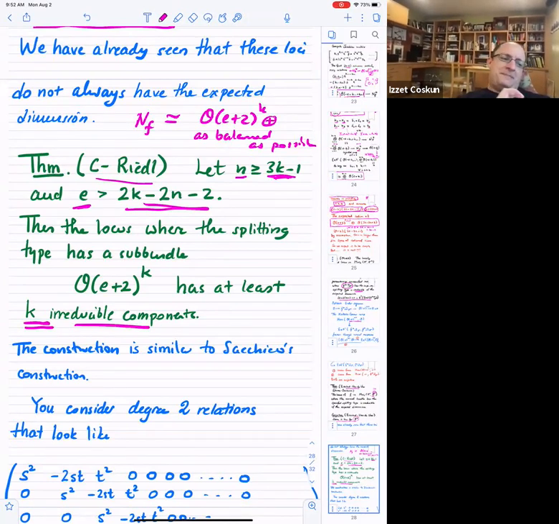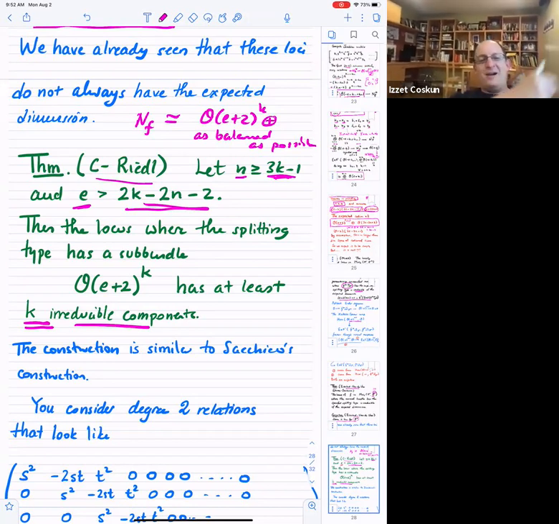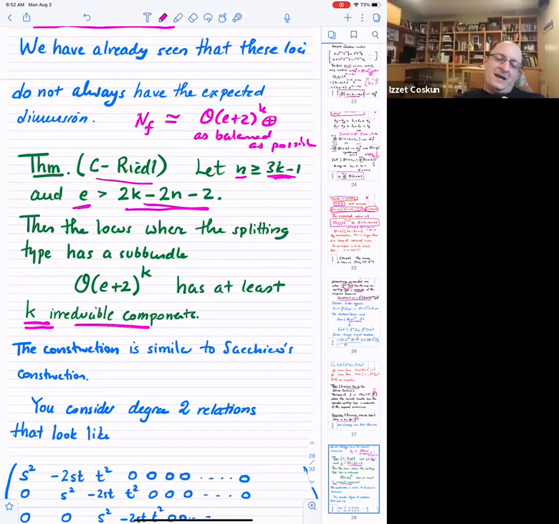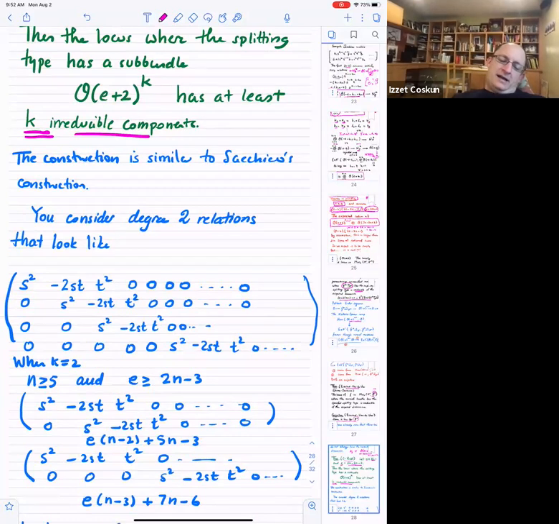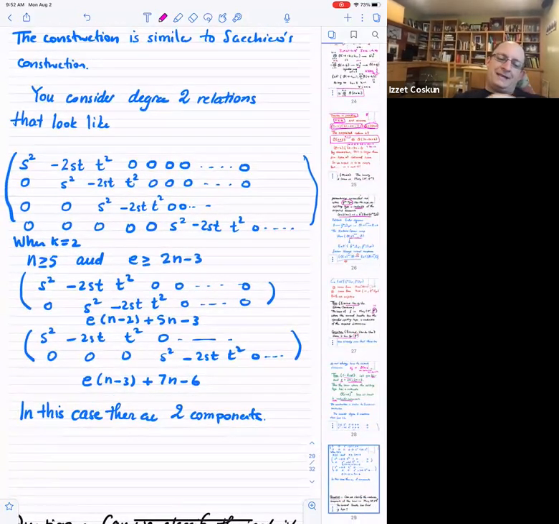I'm not going to go through the construction, one because I've already given you too many indices and I don't want to give you any more. But the construction is similar to Sacchiero's construction. The kind of game that you play is that you make some conic relations. And there is a difference whether your conic relations look like this or they look like this.